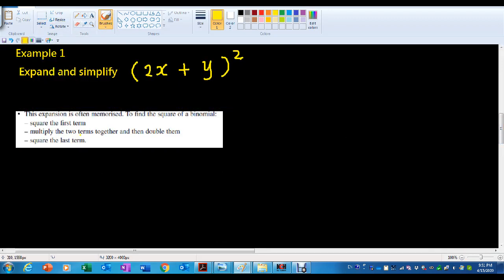So the rule is here. What we're going to do is expand it according to the rule. You are going to square the first term. Does that mean the square of the first term is just 2x squared? No, because that 2x is what we call a term.